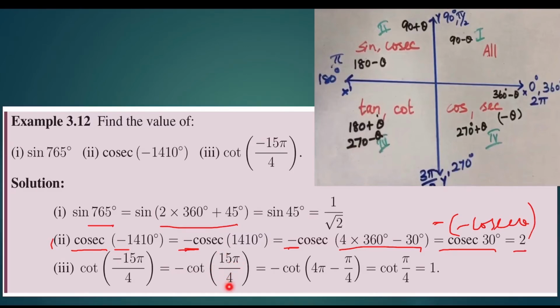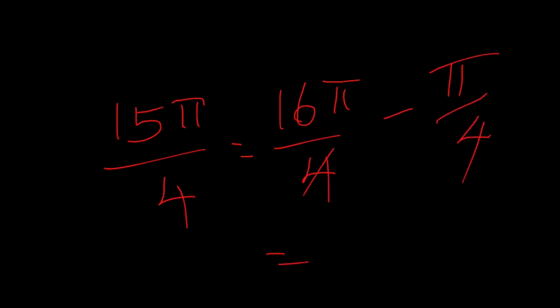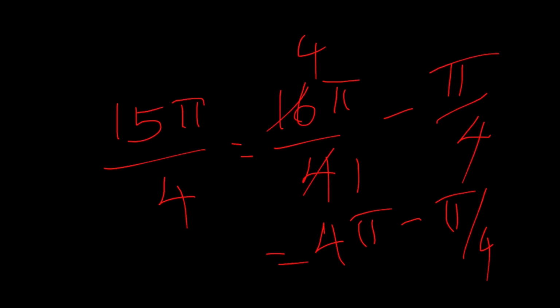So, 15 pi by 4, I write it as 16 pi by 4 minus pi by 4. 16 pi by 4 is equal to 4 pi. So, 4 pi minus pi by 4. This is how.